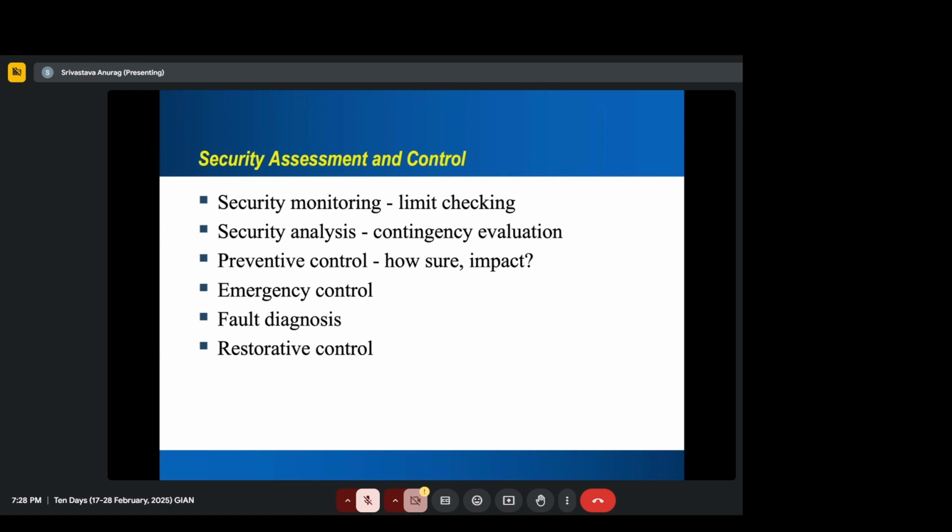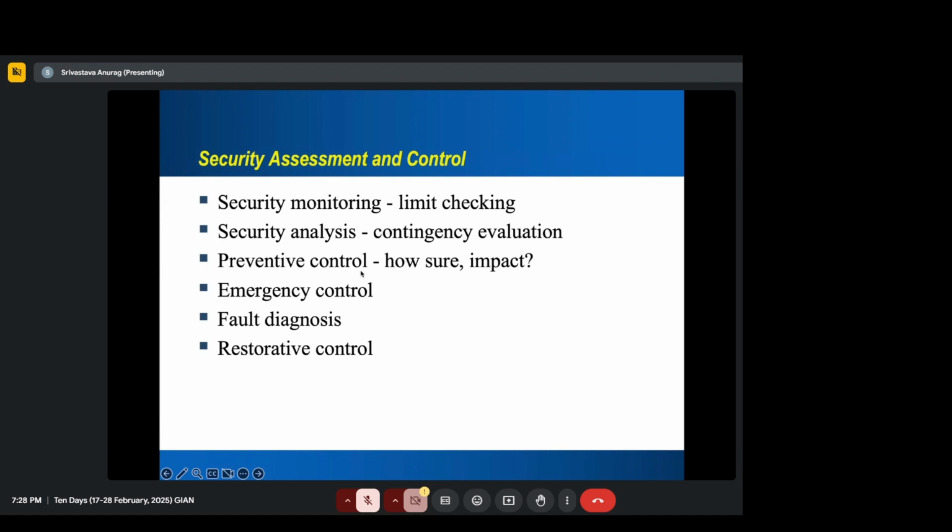We want to see which one will violate, which will result in voltage violation at a node or overflow on a line. We can do it pretty quickly without solving the full power flow, because we want to narrow down the list. So out of 1100, maybe 100 violate the limit. For those 100, we can run the full power flow and do the contingency evaluation.